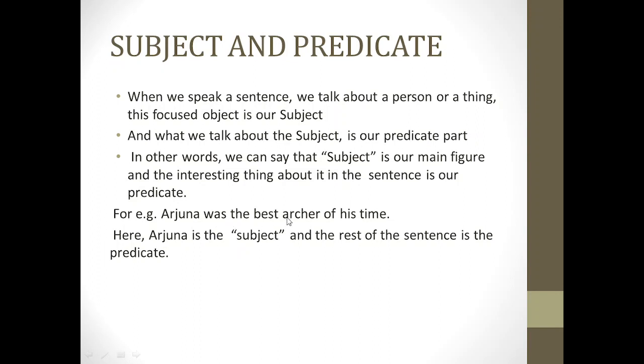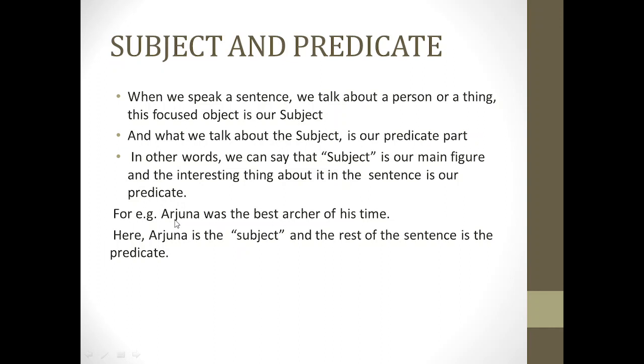Arjun was the best archer of his time. Here, Arjun is the main part of the sentence, the subject. And what is being said about him, was the best archer of his time, this whole part is the predicate part, and Arjun is the subject.